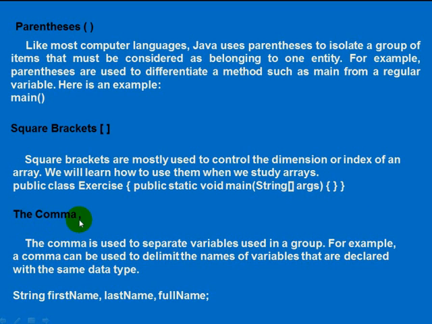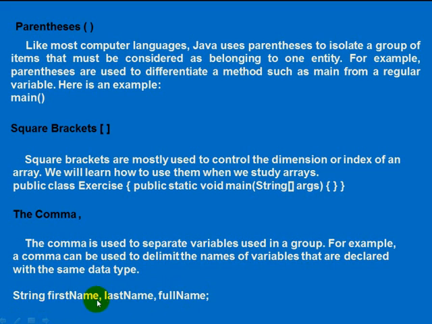Next we have the comma operator. The comma is used to separate variables used in a group. For example, a comma can be used to delimit the names of variables that are declared within the same data type. Here in this example, we have declared three variables: first name, last name, full name, and the data type of all the variables is string.